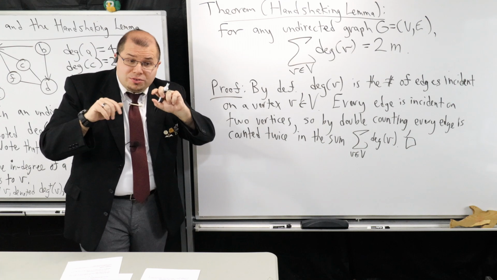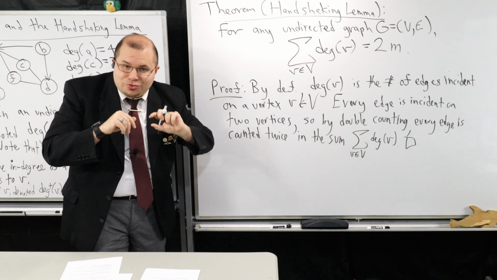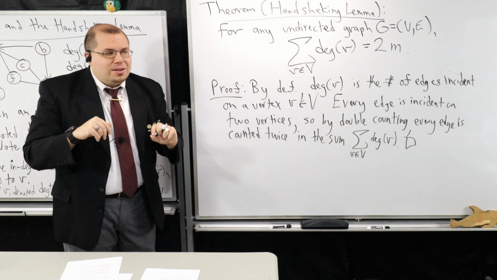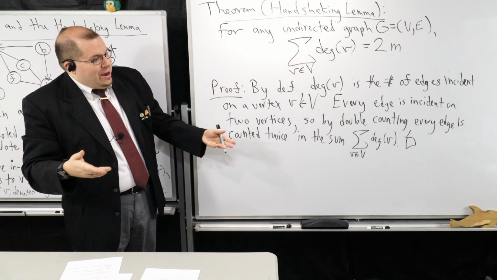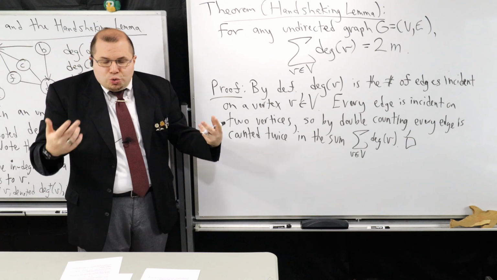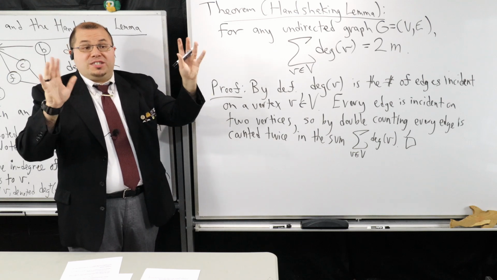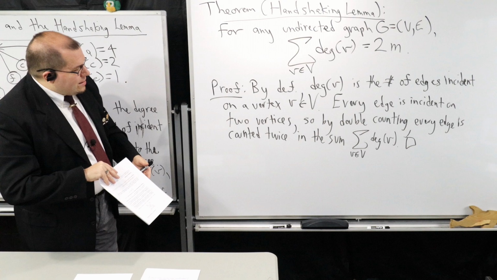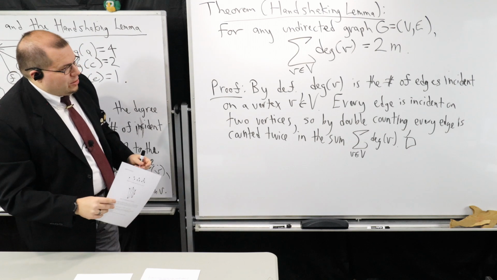But the true count of how many handshakes happen is each edge. From everybody else's perspective, they shook somebody's hand, meaning that each edge contributes twice to the number of perceived handshakes. And that's why you get the double counting occurring.